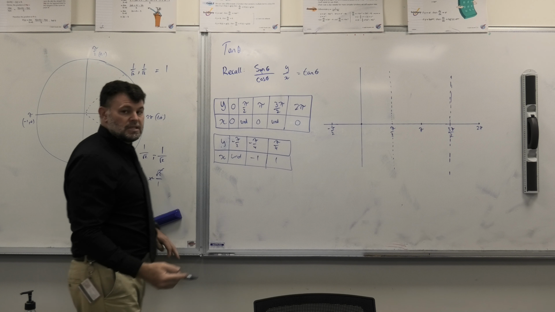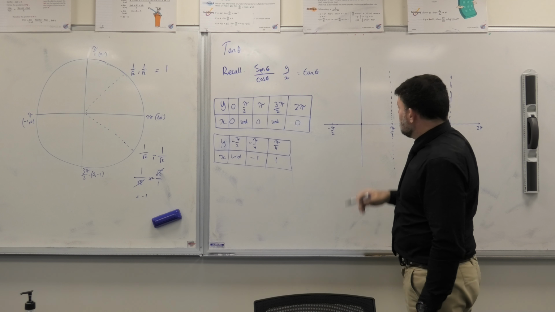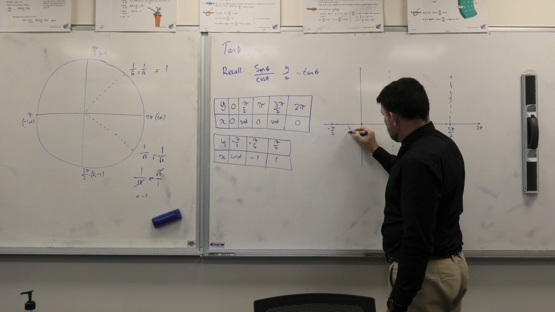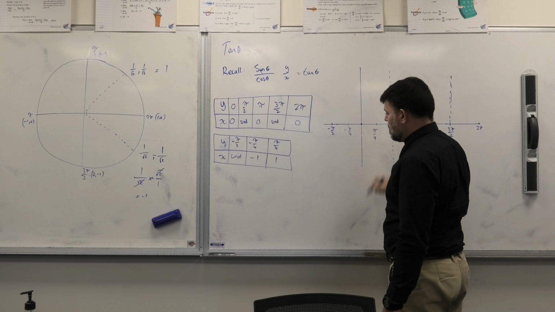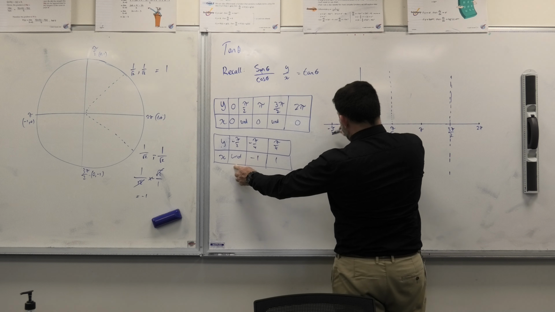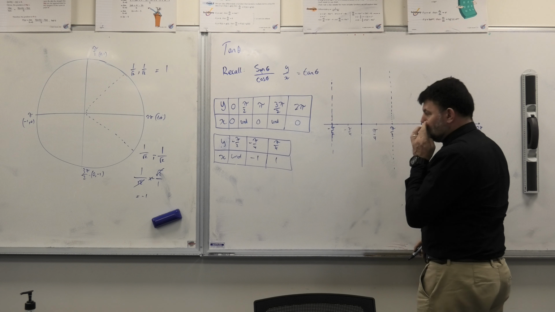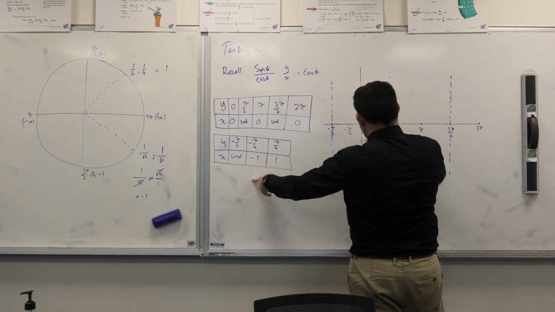So now I've got some extra information, and this is going to guide me to be able to graph this tangent function. So let's plug in here negative pi on 4 and pi on 4. So we know it's undefined at pi on 2. At negative pi on 4, we're going to get negative 1 and positive 1.